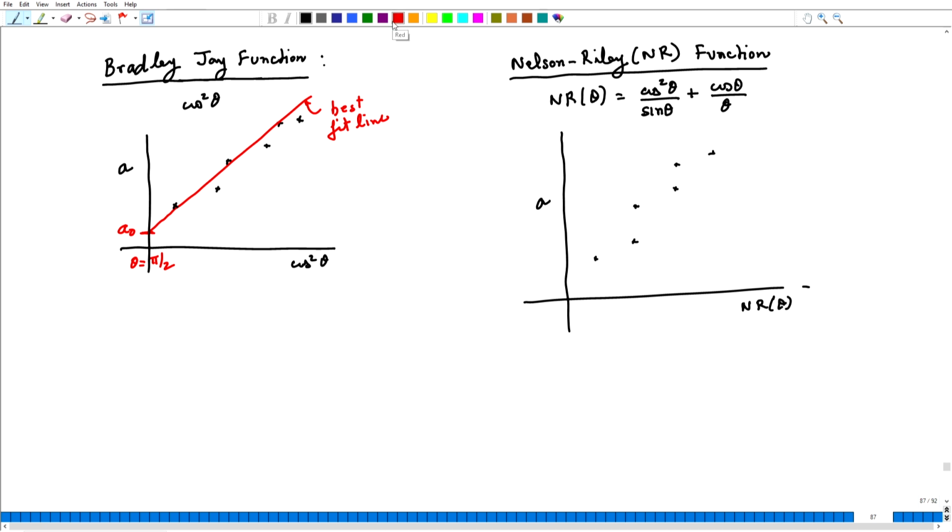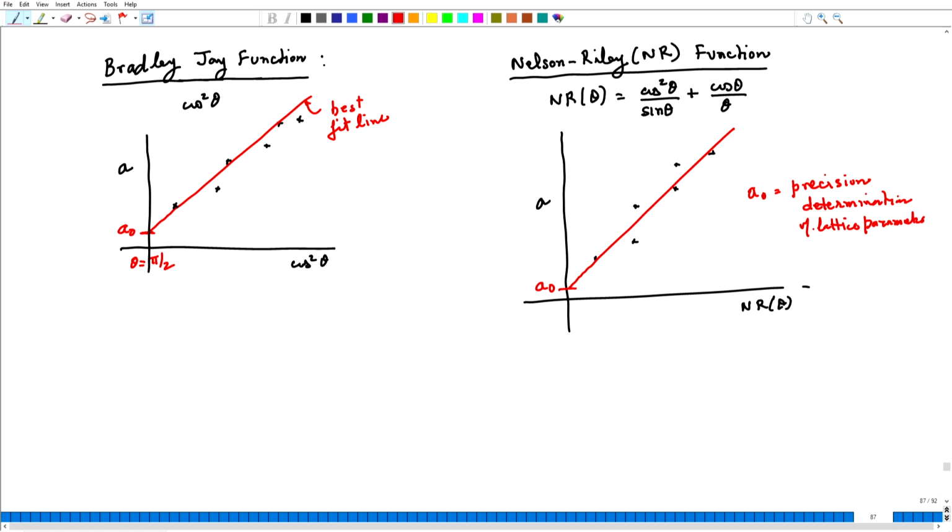Again, do a best fit line through this set of points using least squares and obtain the value of A0, which we will consider as, sometimes this value is also called a precision value or precision determination of lattice parameter.